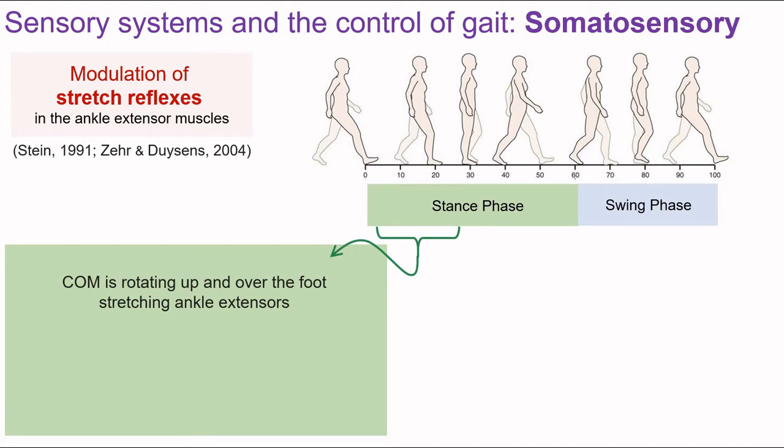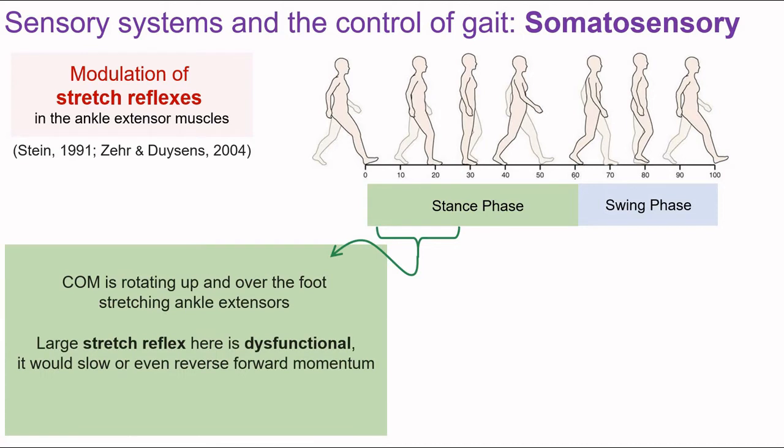In this moment, a large stretch reflex is going to be dysfunctional. The ankle extensor stretch reflex is going to create a plantar flexion torque that would act to slow or even reverse the forward momentum of the center of mass. Given this situation, the stretch reflex is organized to minimally excite ankle extensors during this part of stance phase.